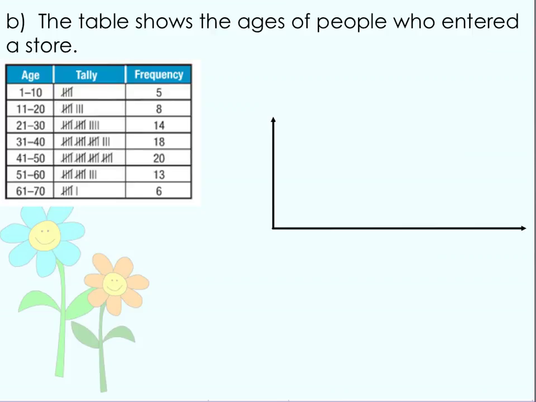I'm going to let you guys go ahead and try this one. When most people are done, I'm going to have you guys pause the video, and when most people are done, go ahead and press play and see if your histogram looks kind of similar to mine. I will give you one hint with your frequency. I would either count by 2s or by 5s is what I would do, okay? But go ahead and try to make yours.